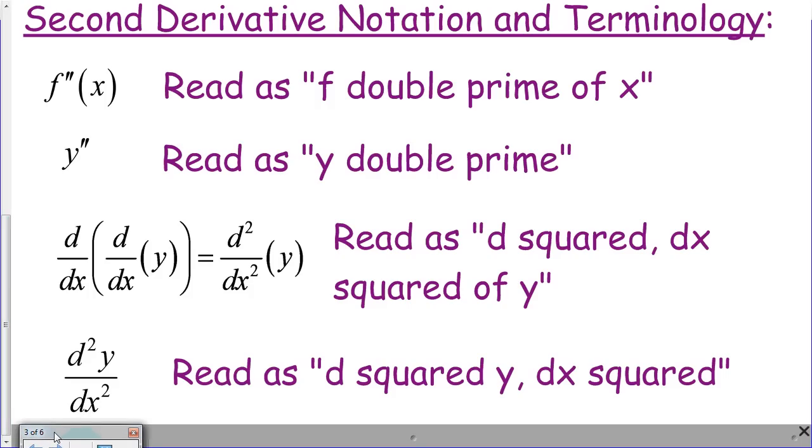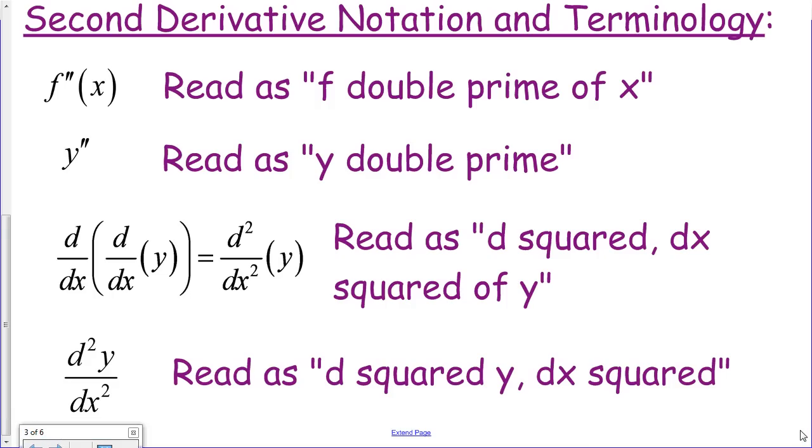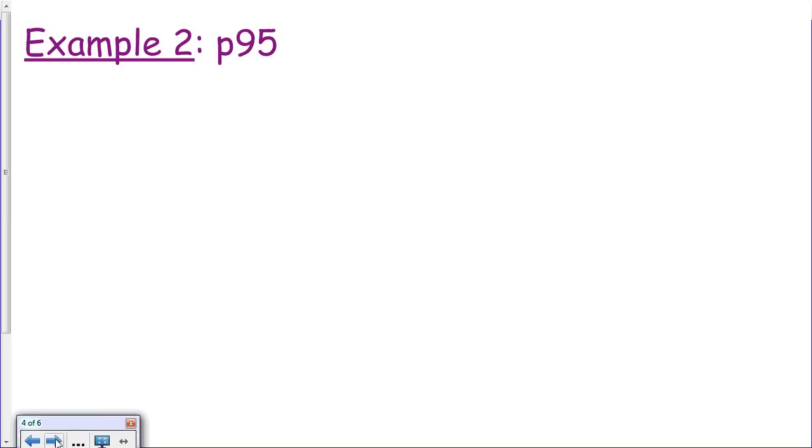We can take the y and move it to the numerator and write it as d squared y over dx squared. So it's d squared y dx squared is how we read that off. Those all mean find the second derivative. So those should be notations that we're comfortable with, that we're used to seeing, and just use them as needed in our problems.